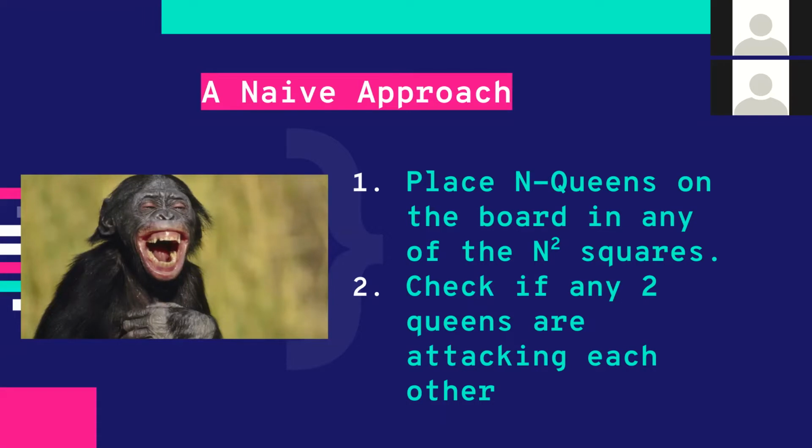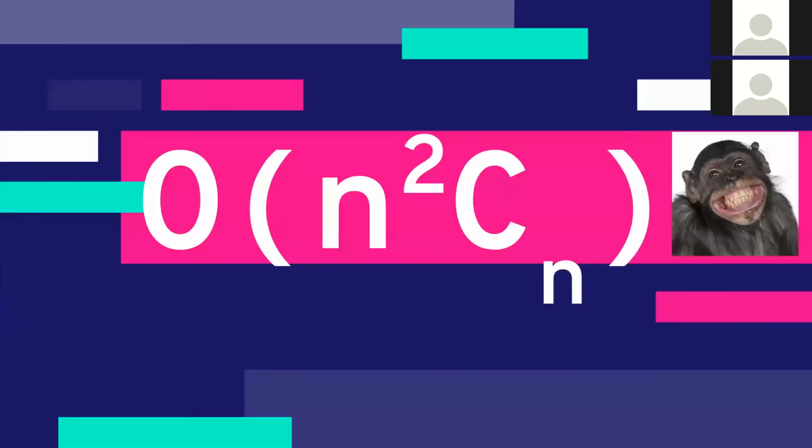But the problem here is, obviously, this is very inefficient, and the time complexity for such a solution would be big O of n square Cn, because there are n square squares, and for each we are choosing n squares among n square squares.